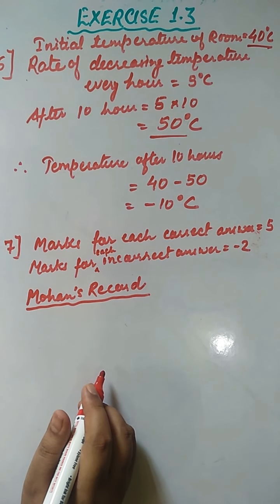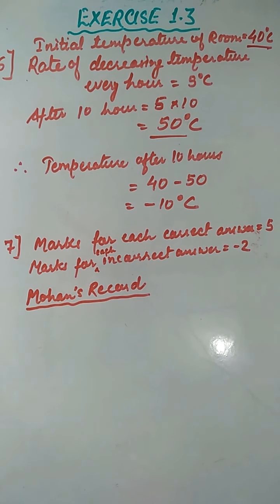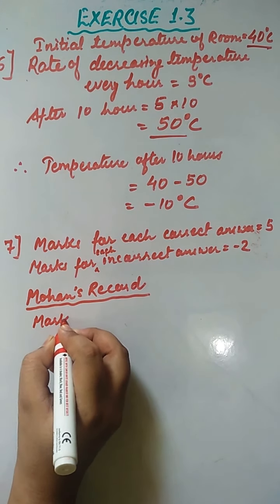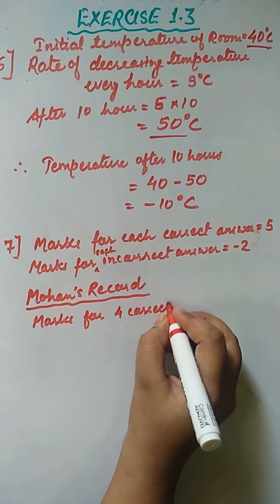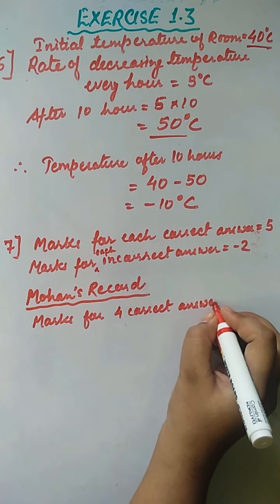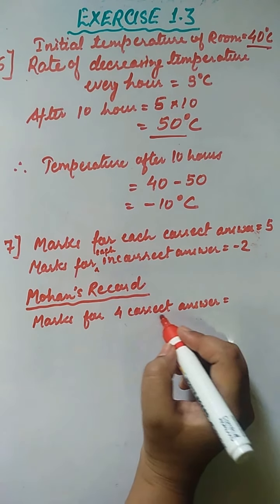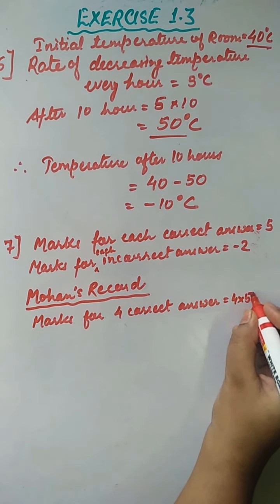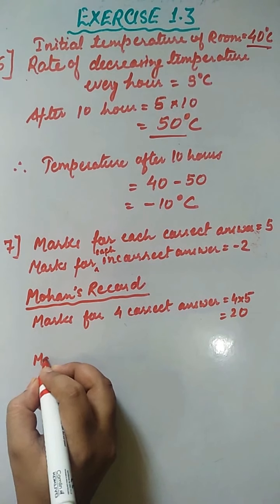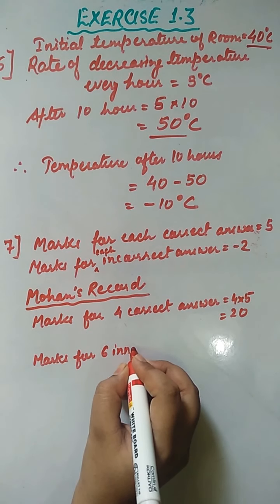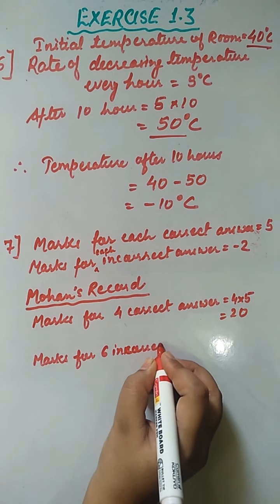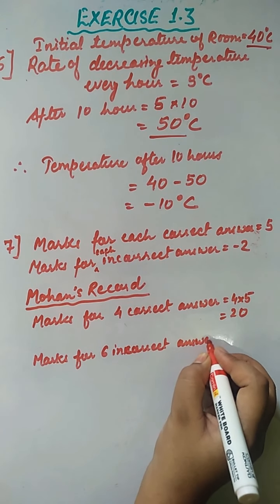First of all, Mohan got 4 correct and 6 incorrect answers. So you have to find the marks for 4 correct answers. For 1 correct answer, 5 marks was there. So 4 correct answers means 4 into 5, that is 20. And marks for 6 incorrect answers: for 1 incorrect answer the marks was minus 2.